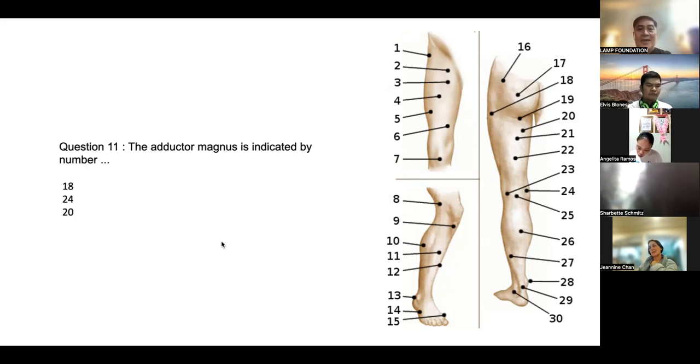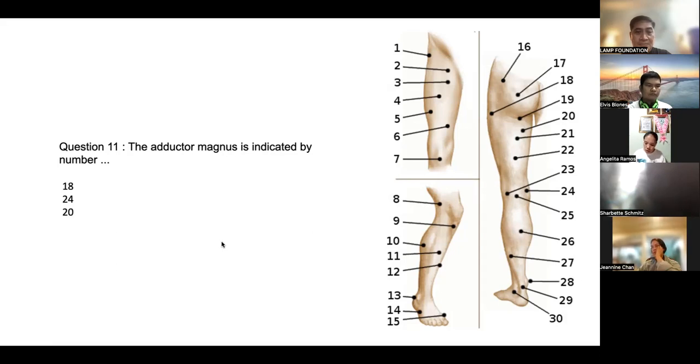Adductor magnus is indicated by what number? Adductor magnus. 24? No, that's semitendinosus.